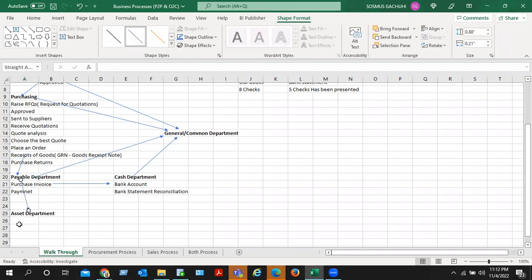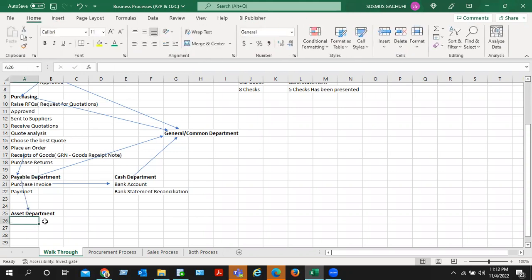Under the asset department we maintain fixed assets, and we also calculate depreciation.